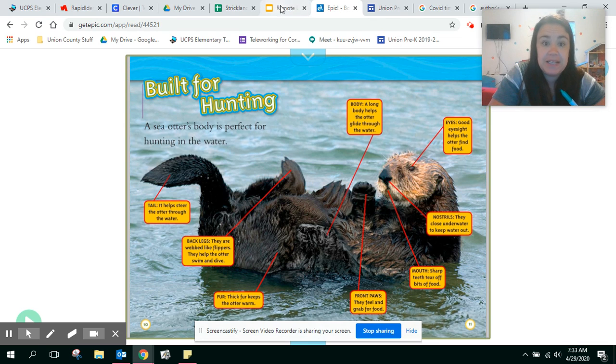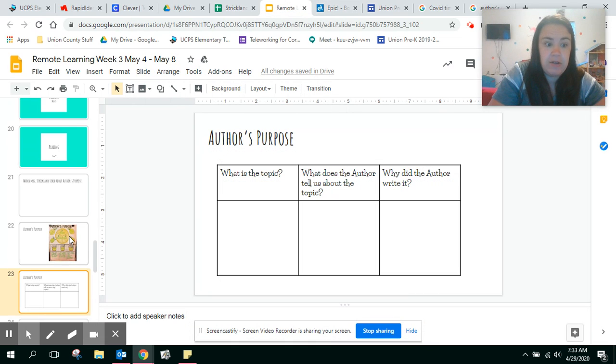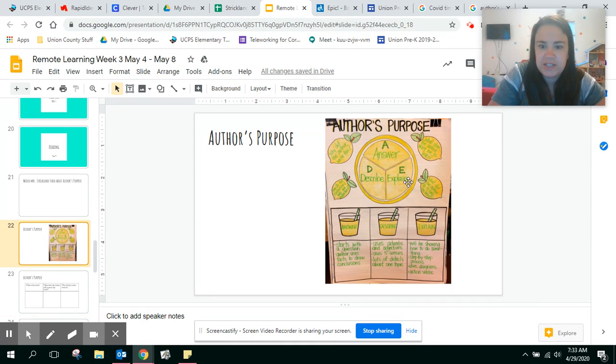I'm going to go back to my chart, right, and remember what each thing is for. Well, I see that this author is describing sea otters. So the author is telling, I'm going to record that in my middle chart, telling about body parts of sea otters.